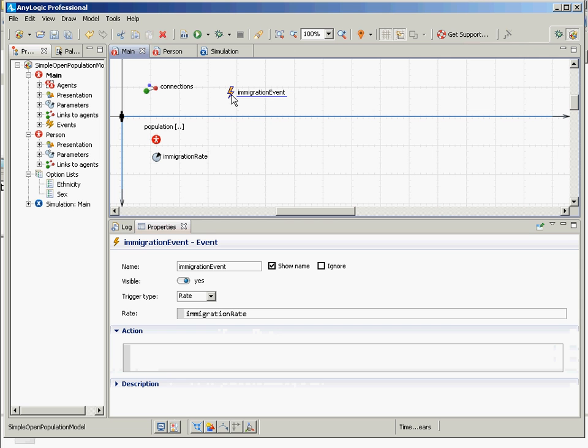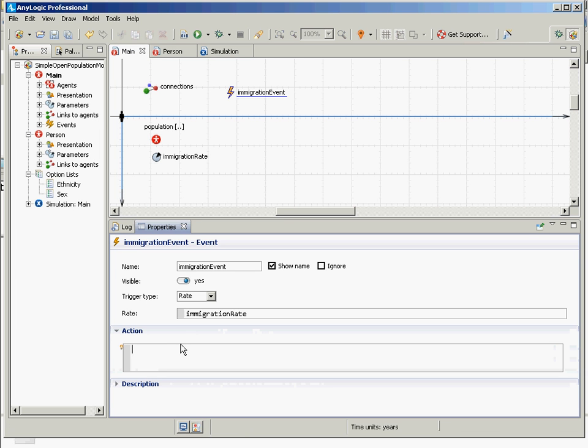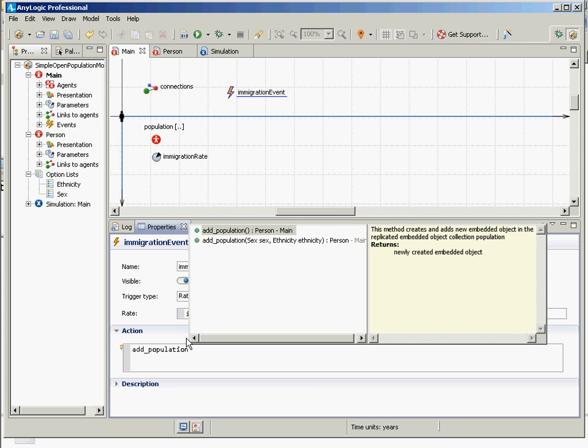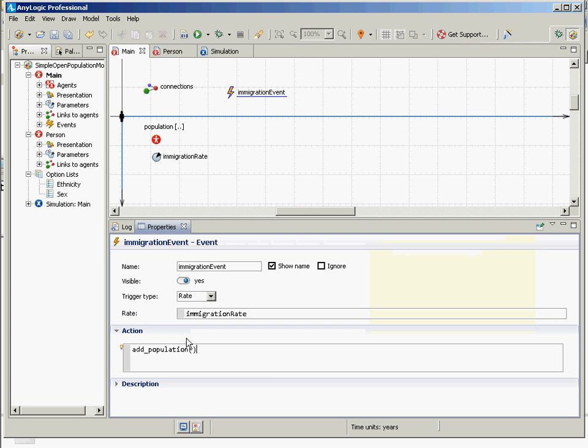Okay, great. So we have this immigration event, but right now it doesn't do anything. It needs to add people to the population. So how are we going to do that? What we would do is add underbar population. Here we can add a member to the population.